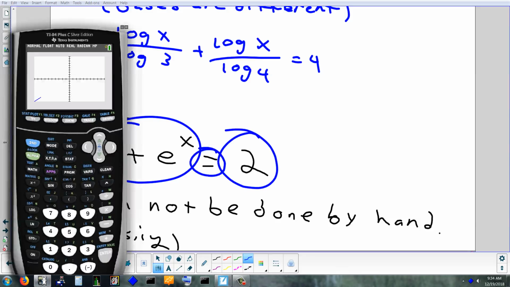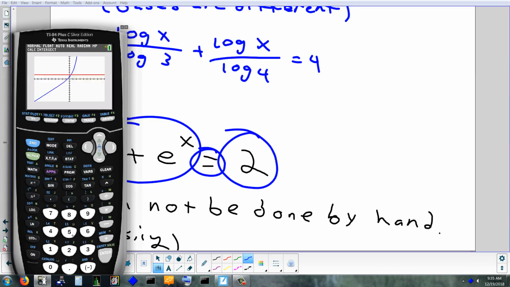So when I draw my pictures, what you're seeing right there, that's the left-hand side of the equation. What you're going to see next to the red line, that's the right-hand side of the equation. So all I need to figure out is where those two things cross. Well, the calculator can do that automatically. It can automatically calculate where things intersect.